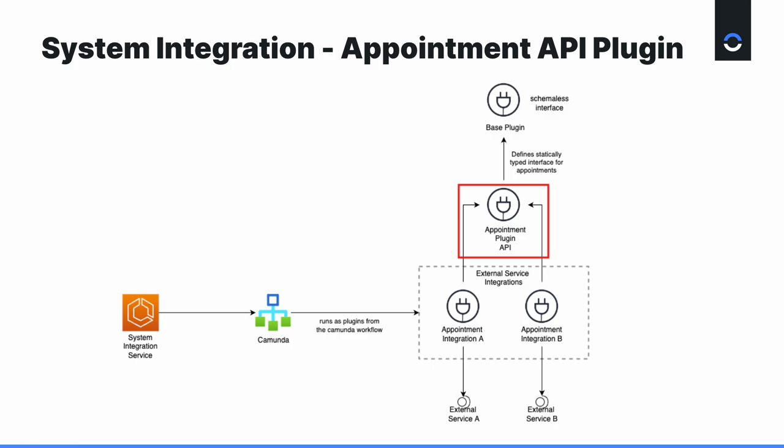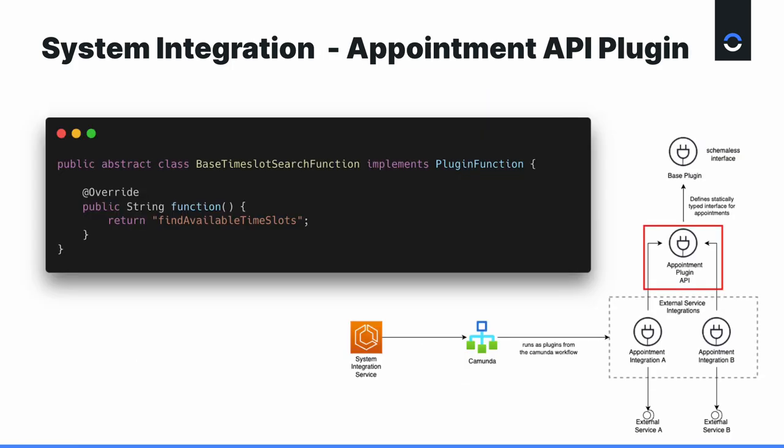So let's take a look at it. As you can see, this is one of the example classes from appointment plugin API. And this class implements plugin function, so the class from this base plugin. And in appointment plugin API, we have to just implement the definitions of function.